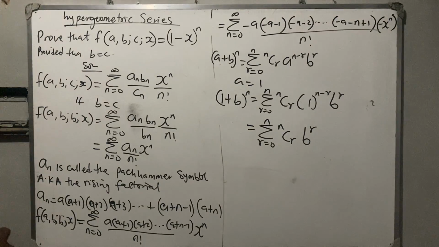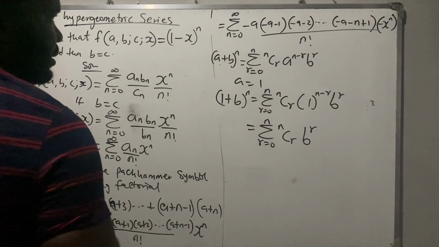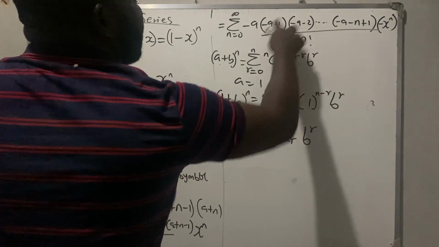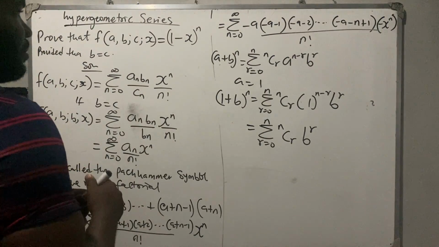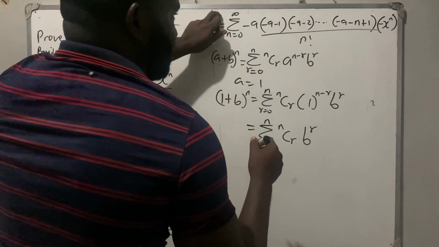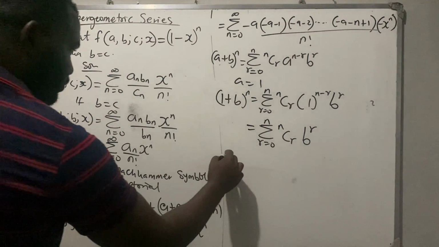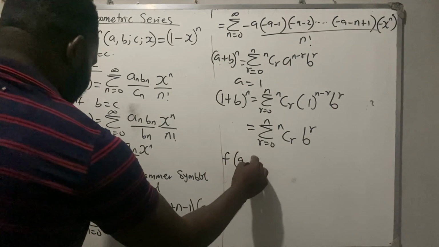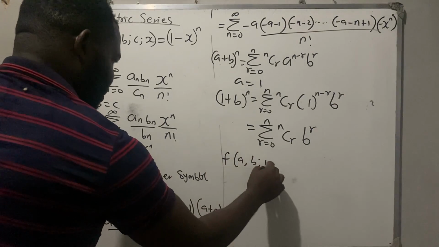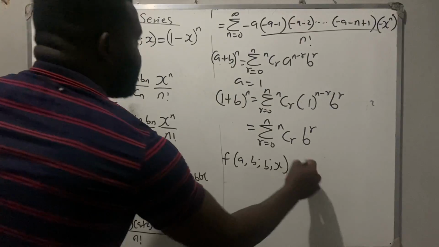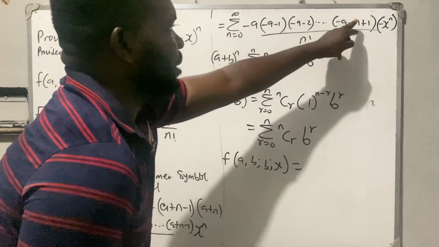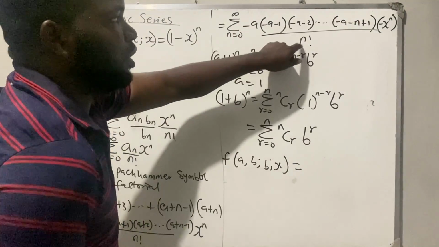Now, you should know that all this thing here, watch me please, this f of a, b, x is the same thing as saying minus a combination n.